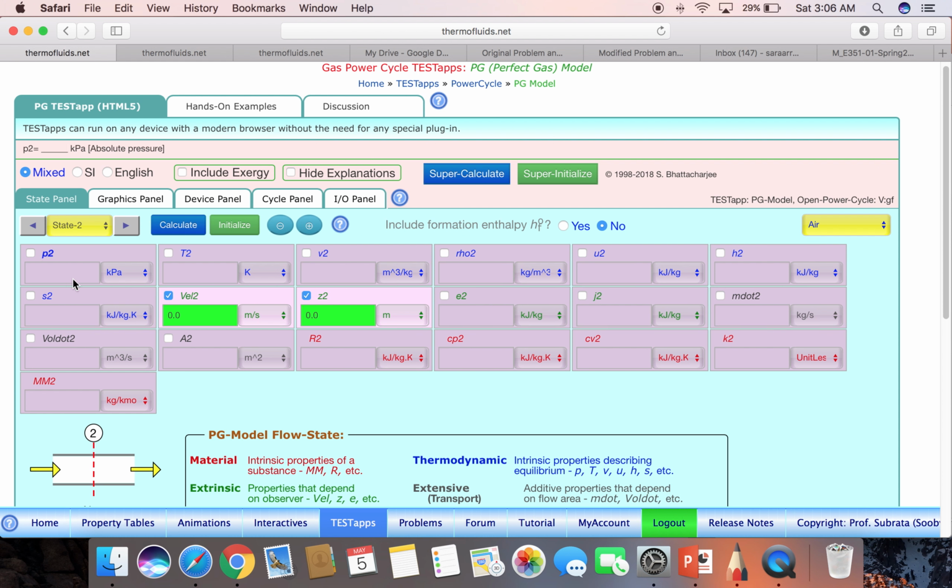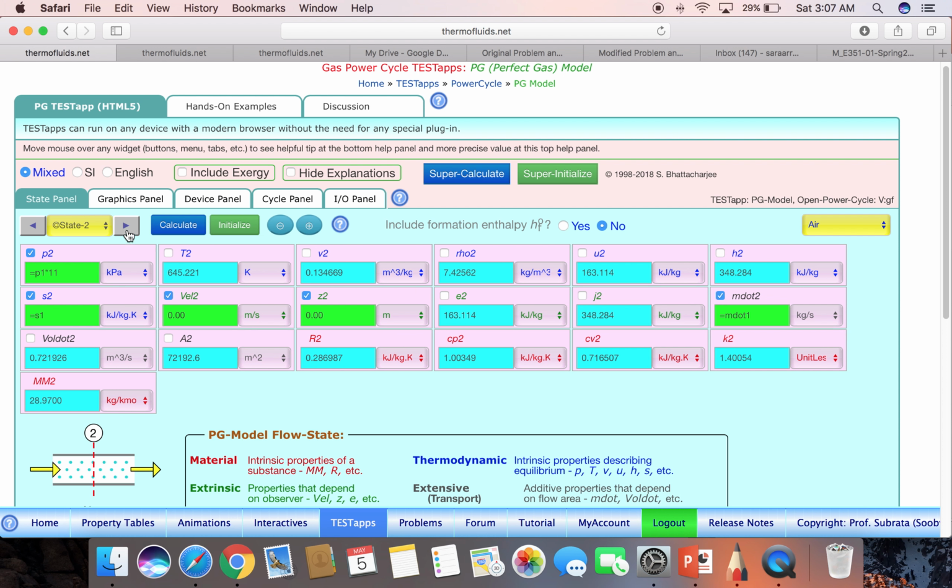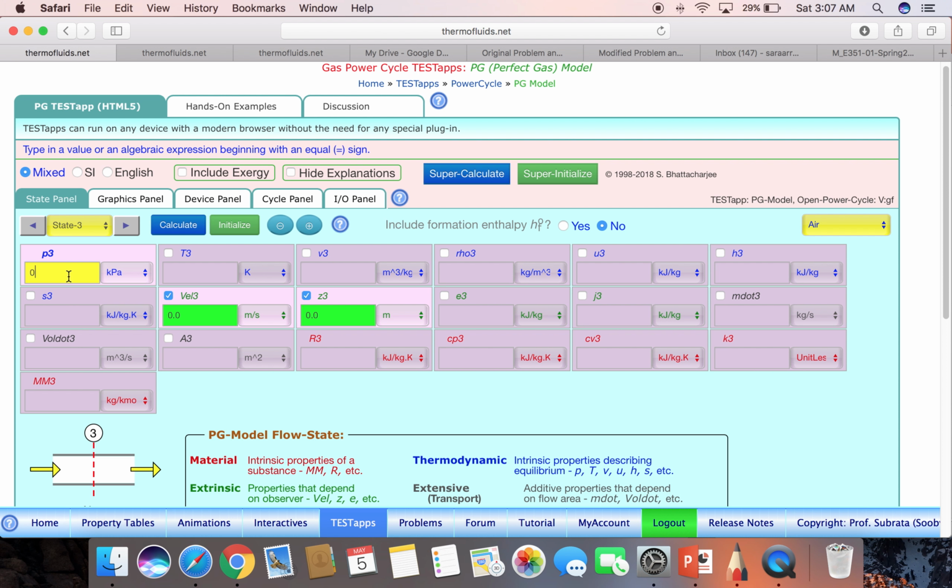Let's go to state 2. We know that they gave us a compression ratio, and so we can calculate that. We know it's isentropic, so we can say S2 is equal to S1, and we know m dot is constant. Let's calculate state 3.